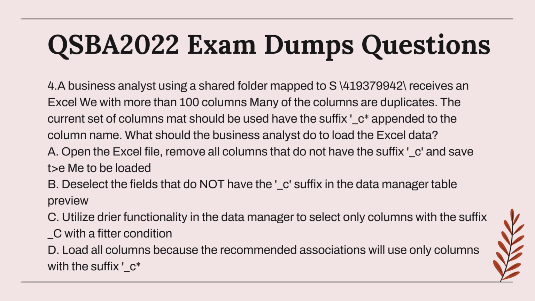Remove all columns that do not have the suffix _C and save the file to be loaded. B. Deselect the fields that do not have the _C suffix in the Data Manager table preview. C. Utilize the filter functionality in the Data Manager to select only columns with the suffix _C with a filter condition. D. Load all columns because the recommended associations will use only columns with the suffix _C.